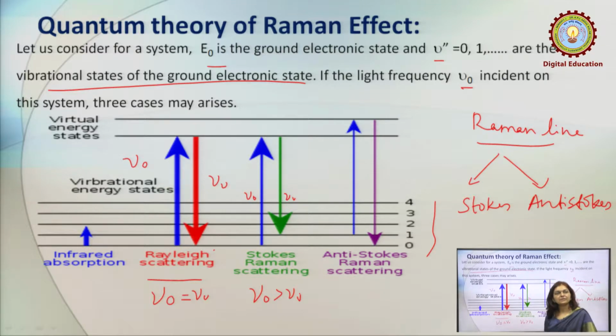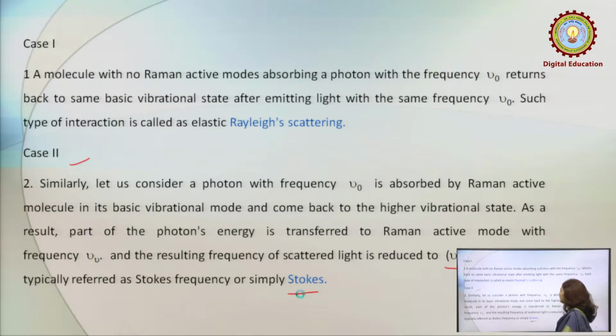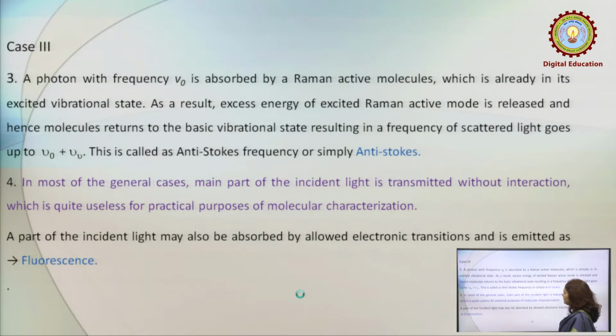Now, we are going to discuss the third case, which is of anti-Stokes. In the third case, a photon with frequency nu naught is absorbed by a Raman active molecule, which is already in its excited vibrational state.